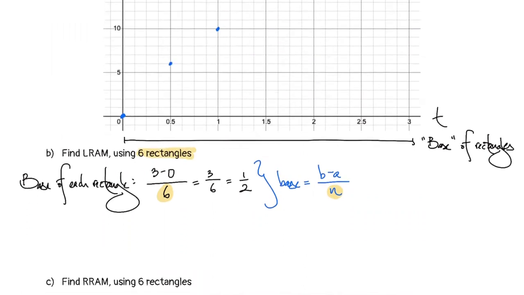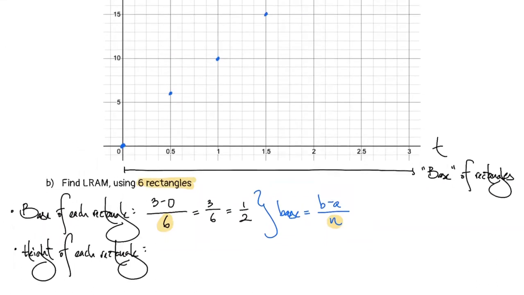Now, it's all fine and good to have the base of a rectangle, but if we want to find the area, we need to find the height of each rectangle. In order to find the area, we need base times height. We have the base, so we need to find the height.